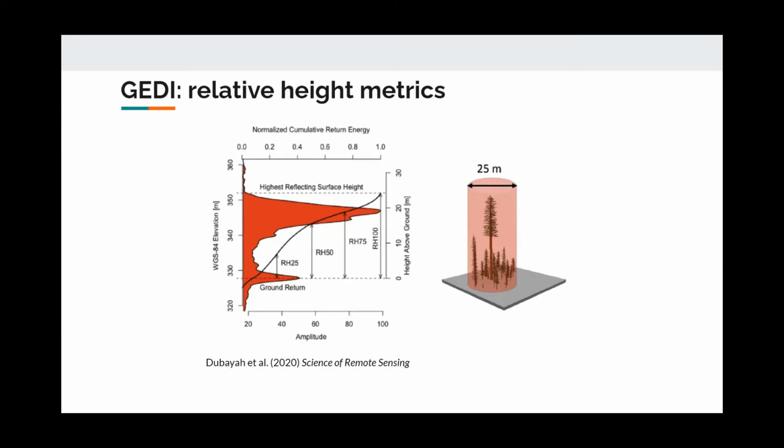And everything else in between is a proportion of the energy return. So RH50 isn't necessarily the 50% height, but is instead where 50% of the energy is returned. And we can think of it also as RH25 isn't necessarily 25% of the height, but maybe where these little trees are, as an example.